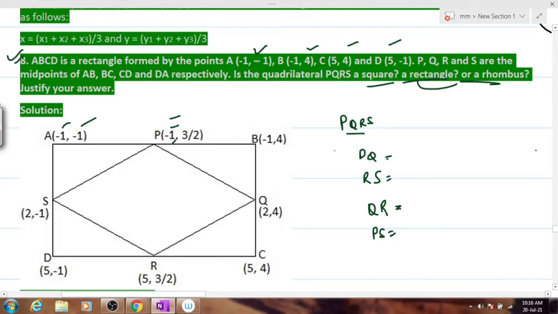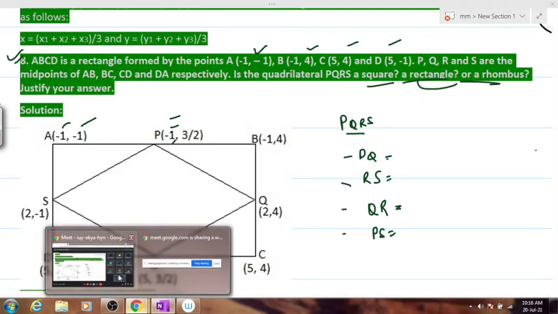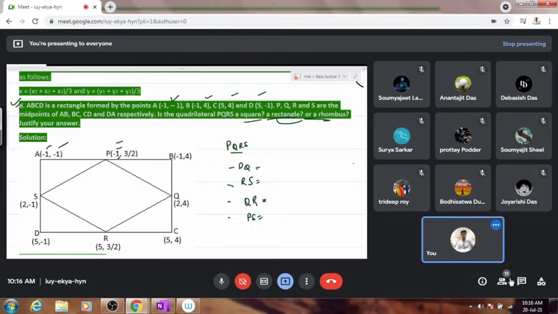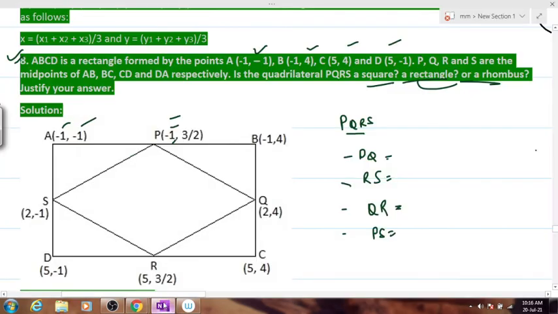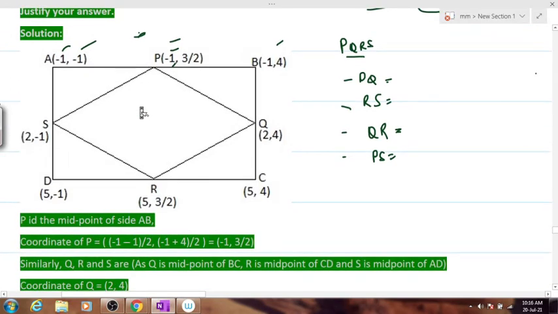Hurry up, everyone! Try it out and tell me what is the distance PQ, RS, QR, and PS. I hope people have understood calculation of midpoints is not a big problem here. Just add these two, draw this figure and write the midpoints. Midpoints formula: x1 plus x2 by 2, y1 plus y2 by 2.